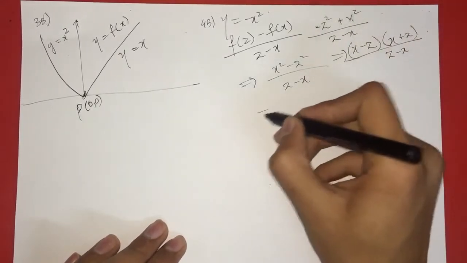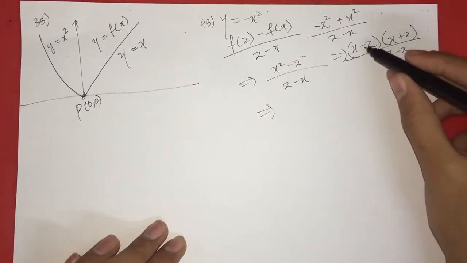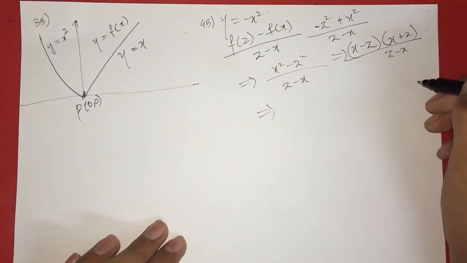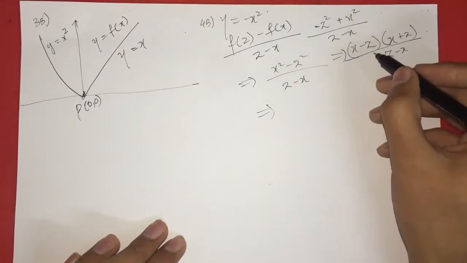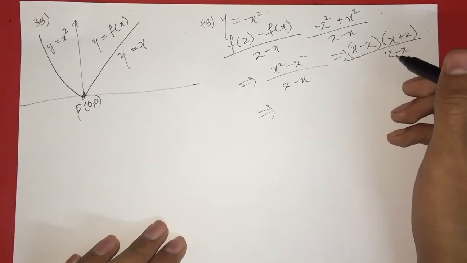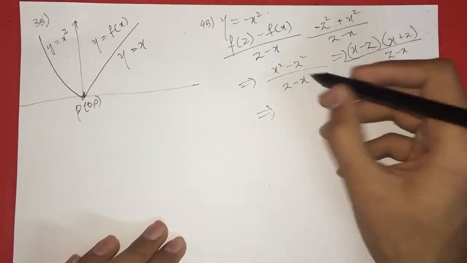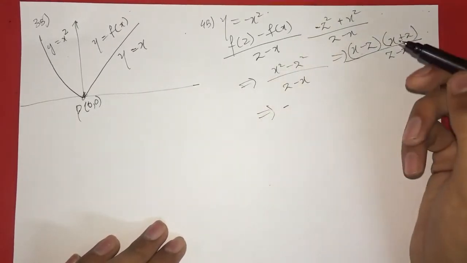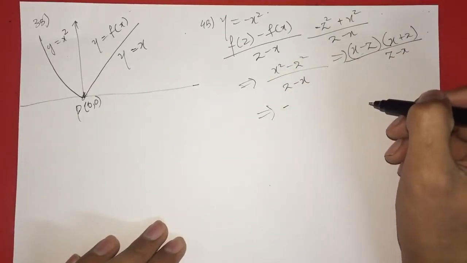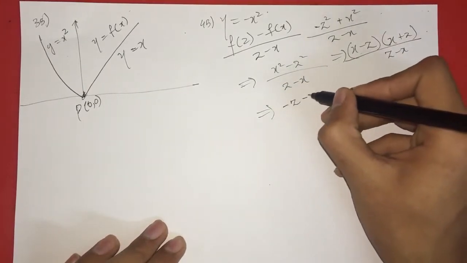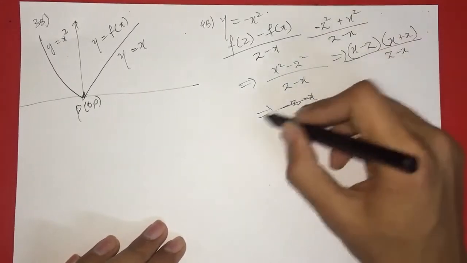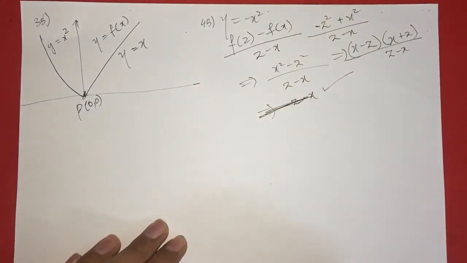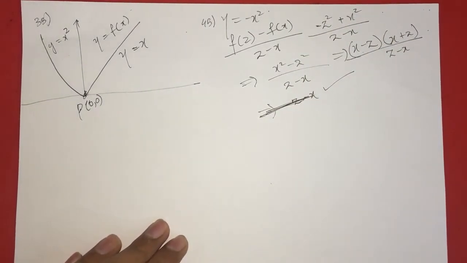So if we multiply all of the denominators by minus, you get minus z minus x... no, alright, I'm doing it the wrong way. Alright, so you have x squared minus z squared by z minus x.